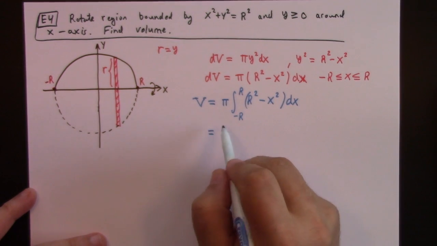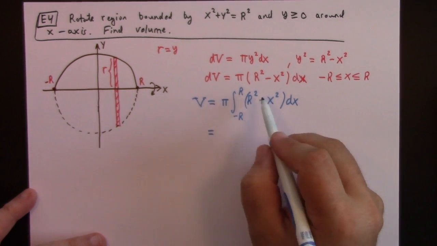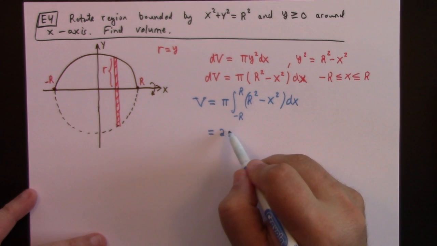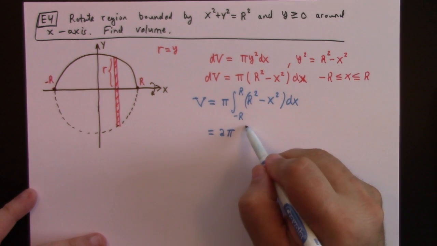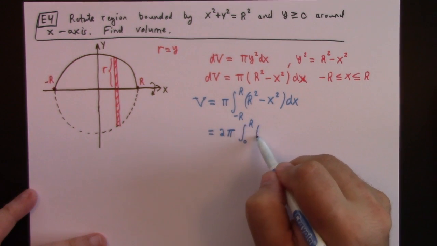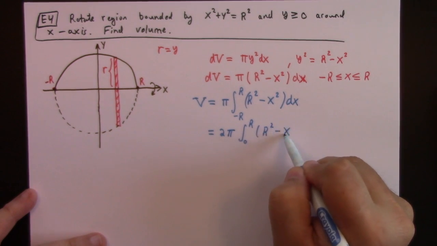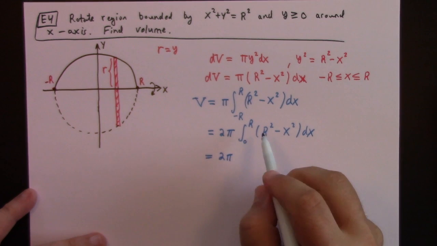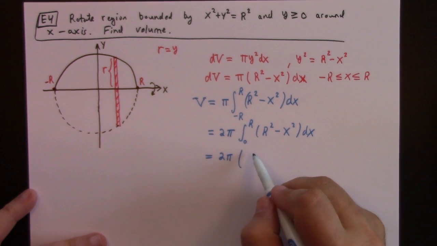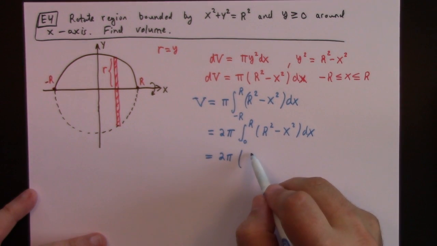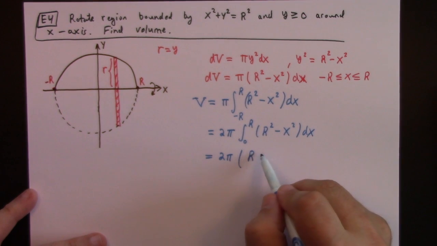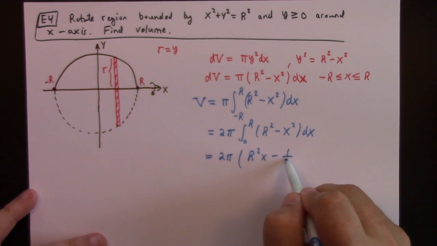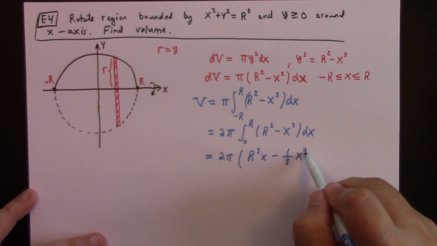I'm going to use symmetry because this is an even function. I can do the double-the-integral trick, integral from 0 to r of r squared minus x squared dx. So that's 2 pi times r squared x minus 1/3 x cubed.